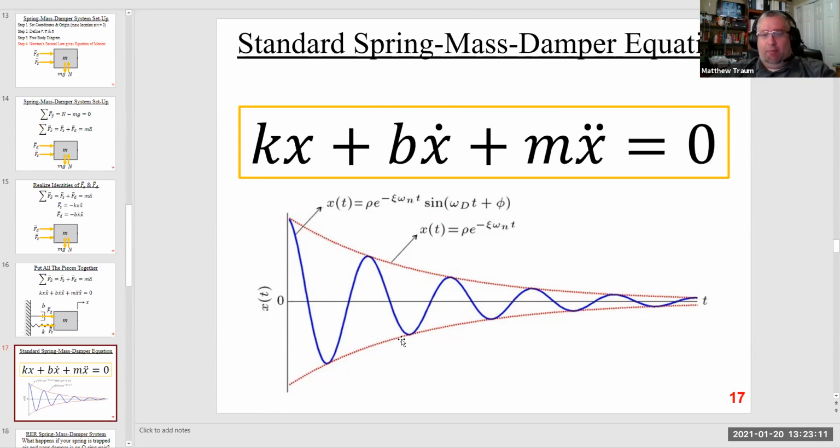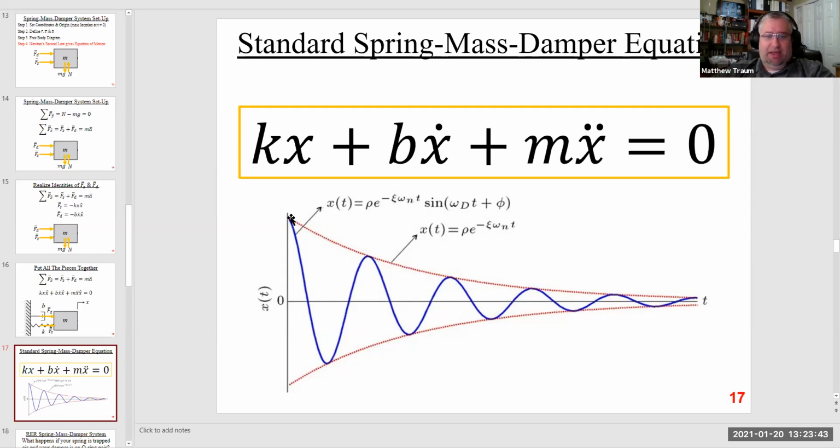But then the damper will also cause the energy to be dissipated out of the mass spring system, and so the oscillation will fall off as e to the minus zeta omega t, and eventually it'll fall off to zero. If you've taken vibration or dynamics, you can adjust these different values k, b, and m to get different damping and different natural frequencies.